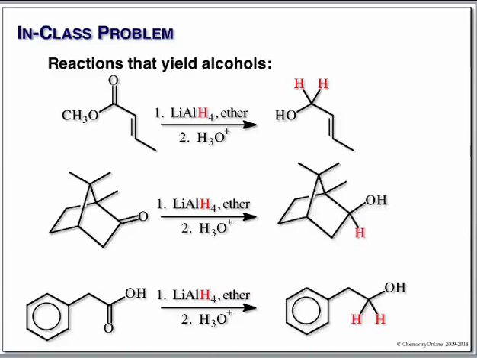OH is our leaving group, just like O-methoxy was here, or O-methyl. And we wind up with a primary alcohol. So the words to remember, if we have an aldehyde, we will get a primary alcohol. If we have an ester or an acid, we will also get a primary alcohol. If we have a ketone, we get a secondary alcohol.